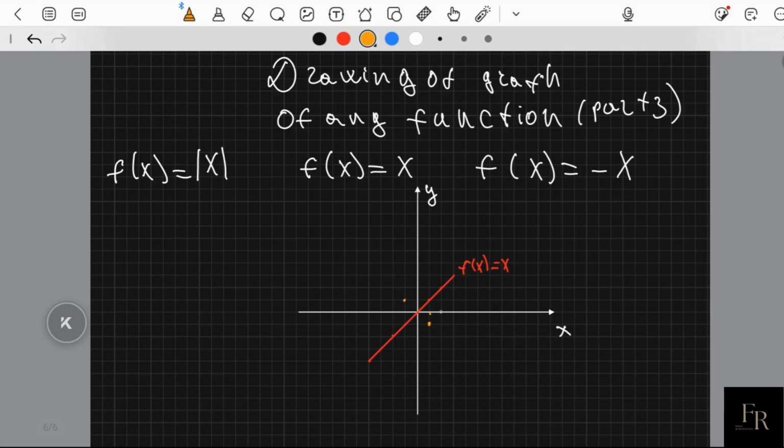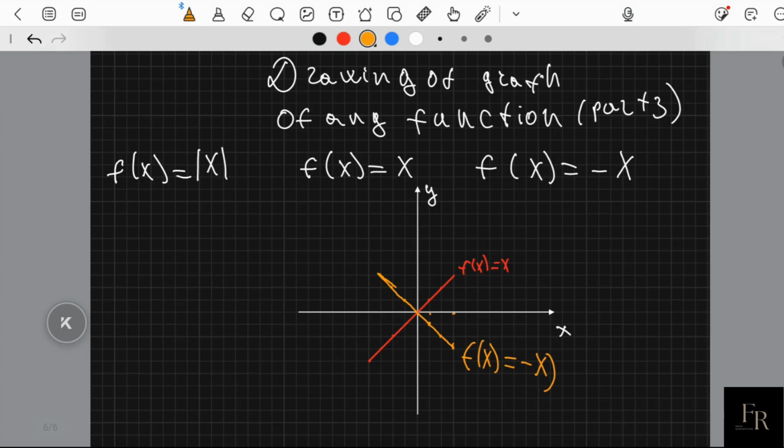So plus 2 becomes minus 2, plus 3 becomes minus 3, minus 2 becomes plus 2, minus 3 becomes plus 3. So I connect these lines as well. So this is our function f(x) = -x.